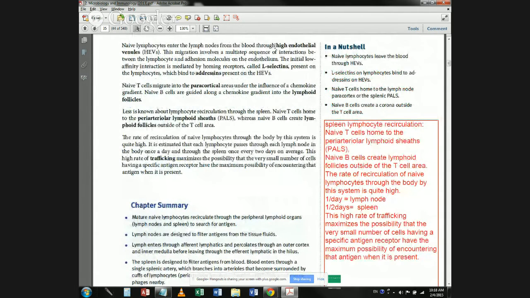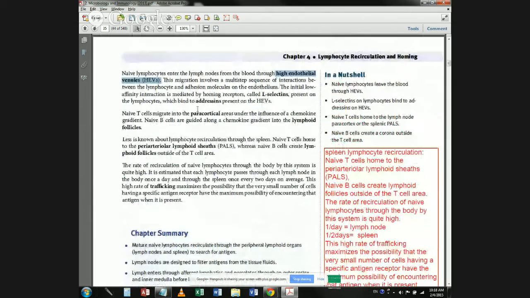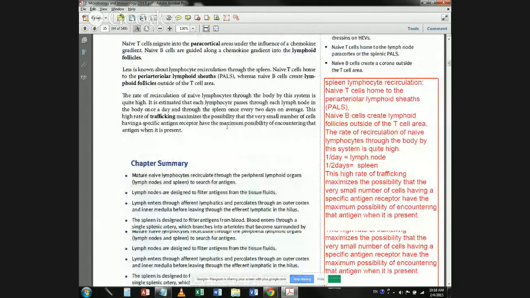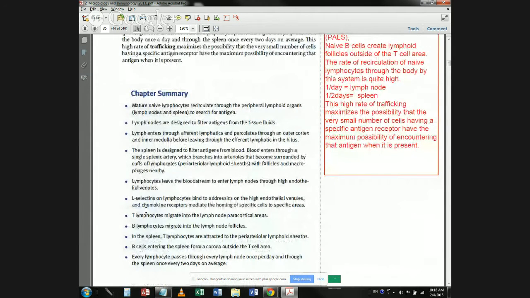That's probably it, the high endothelial venules. These are probably also in the lymph nodes and in the spleen, and they're the ones with addressins. Okay, L-selectins on lymphocytes bind to addressins on high endothelial venules, and chemokine receptors mediate the homing of the specific cells to specific areas.